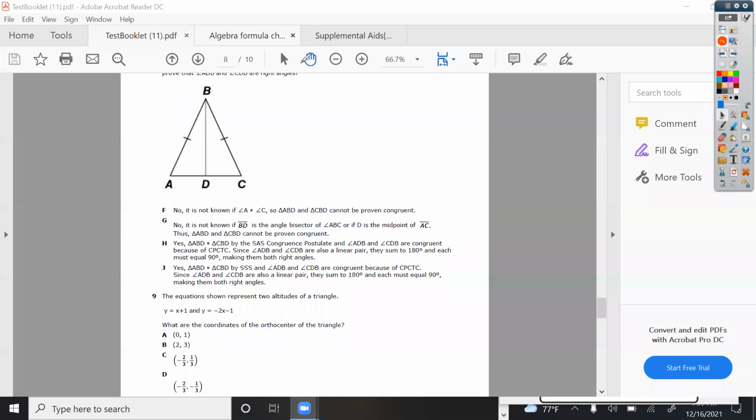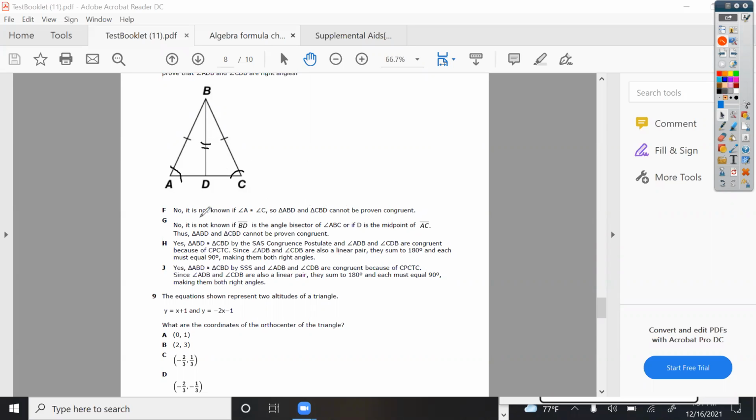It's not the same as proving that something is just congruent. So the first answer says, no, it is not known if ABD and CBD can be proven to be congruent. So with an isosceles triangle, what we know is these two sides are congruent and these two angles are congruent. We also know with the reflexive property that this is congruent.